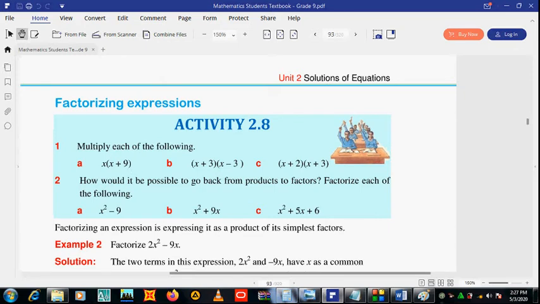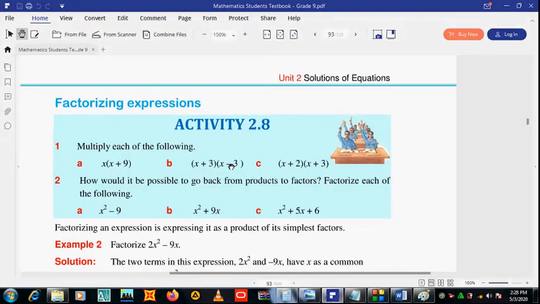How to multiply this? x into x plus 9 equals x square plus 9x. Okay, x square plus 9x is the answer.